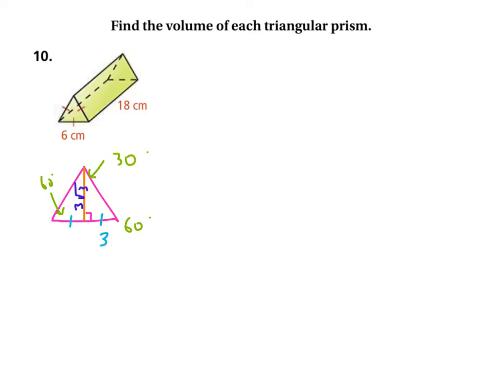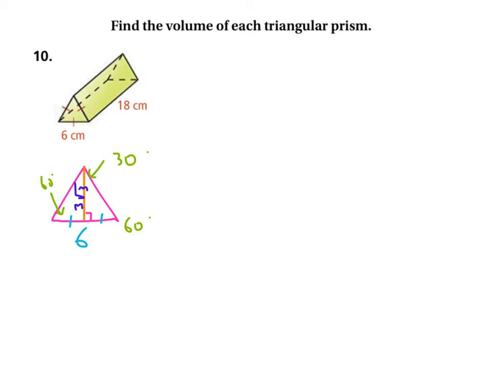Now if we want to do the area of this triangle, we essentially have the base of 6. Remember, even though we use that measure of 3 to find the height, we actually have an entire full base of this triangle of 6. So let's write that in totally across 6.